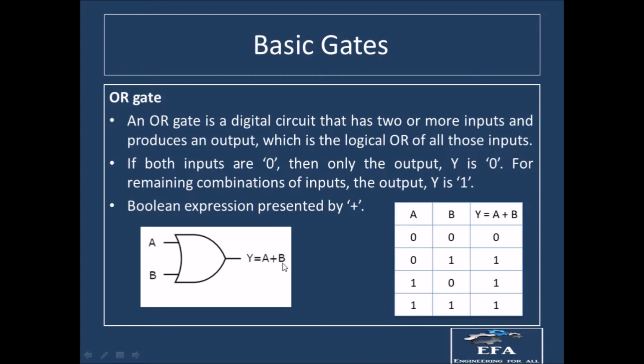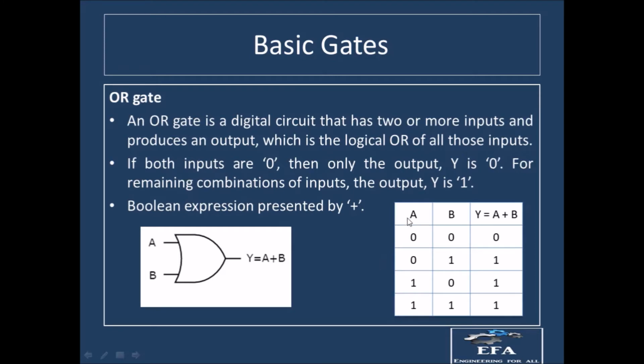So let us see what the output is and how y depends upon a and b. This is the truth table of the OR gate. This is the basic OR gate with only two inputs; there can be more than two inputs also, but we are only taking the basic OR gate.